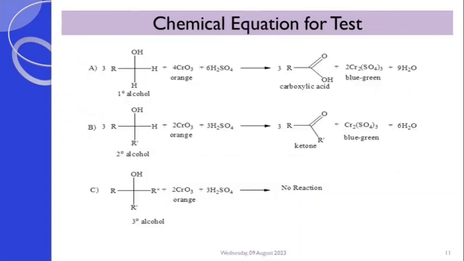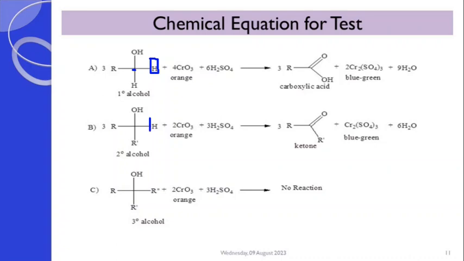This is a chemical equation that represents the chromic acid test. As explained in the concept, the carbon that is bonded by the OH functional group, in this case this carbon, would lose the hydrogen. Let's look at the second example.